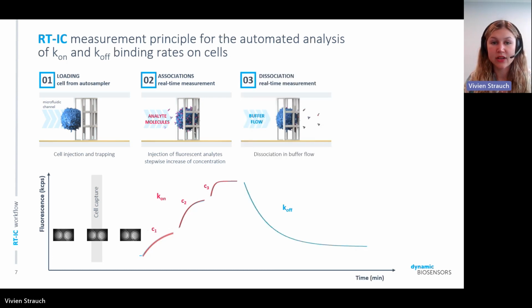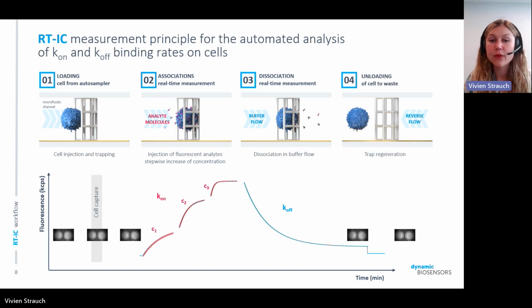This is followed by an injection of buffer, and this causes the fluorescently labeled analyte to dissociate again from the cell, so the fluorescent signal will decrease and you can derive the dissociation kinetics. And in the last step, we will then apply a reverse flow, and this will push the cell out of the cell trap so that the chip is regenerated, the cell traps are empty again, and you can use it for the next cell experiment.